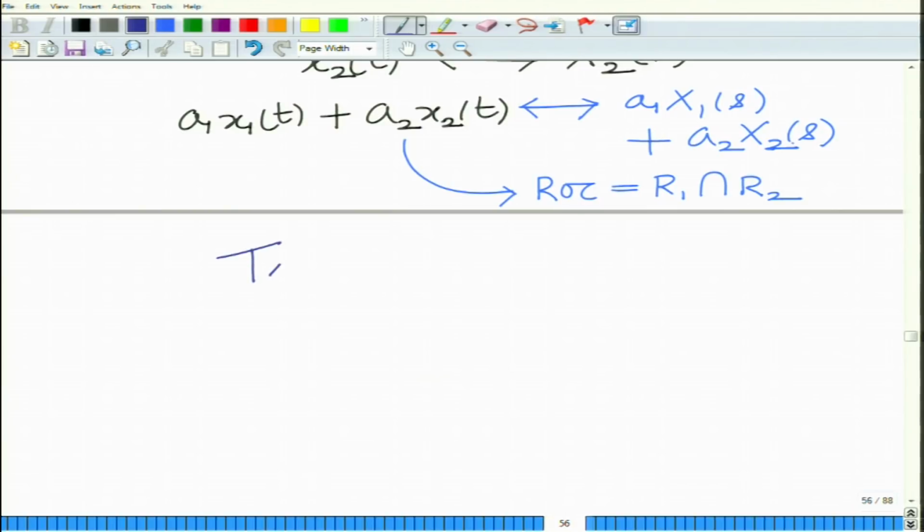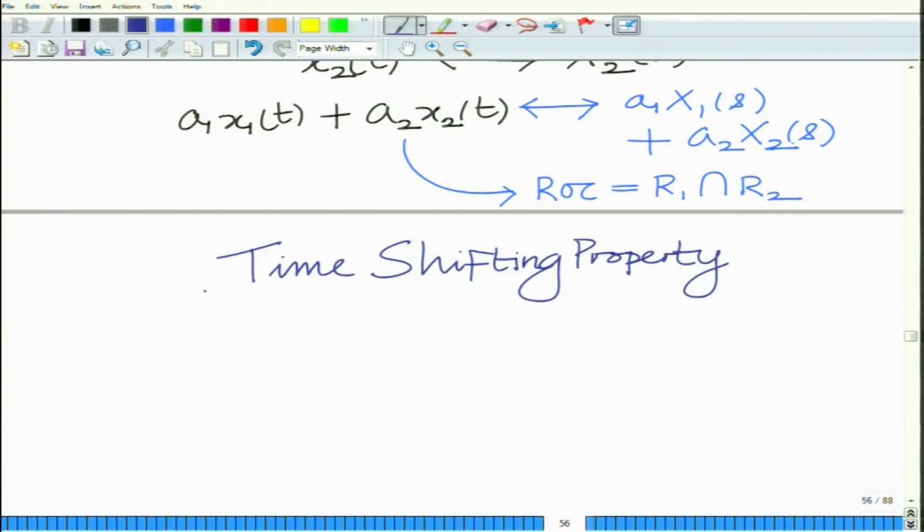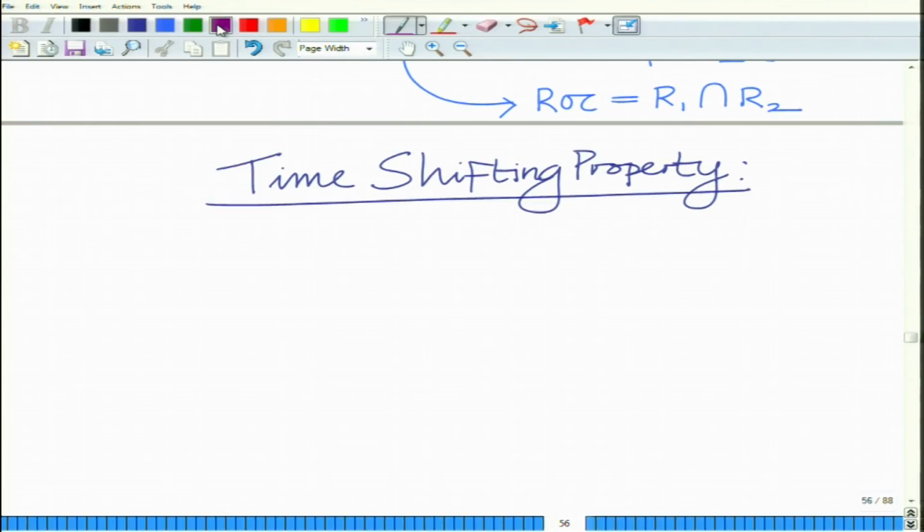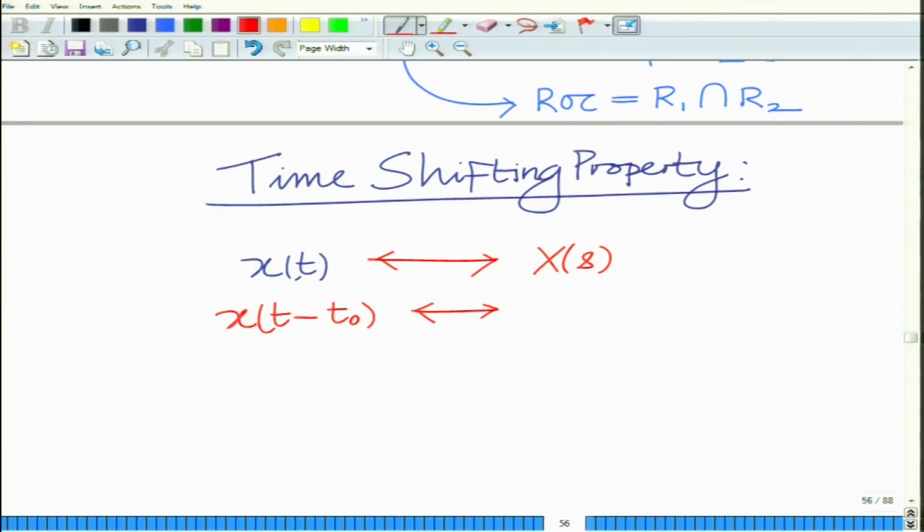Now let us look at another important property, which is the time shifting property. What happens when a signal is delayed? If x(t) has Laplace transform X(s), then what can you say about the Laplace transform of x(t minus t naught)?